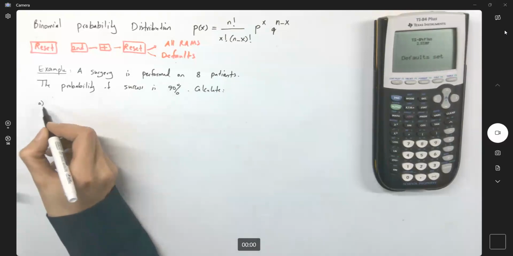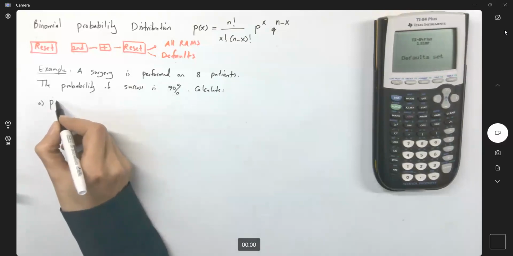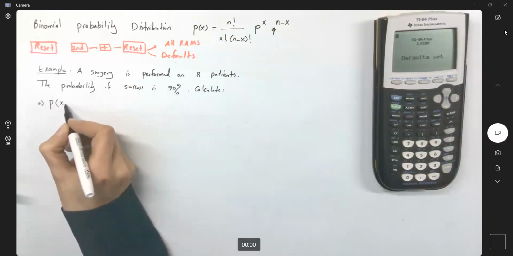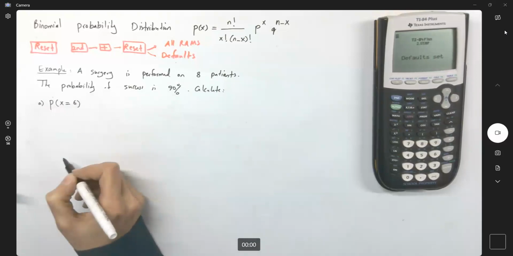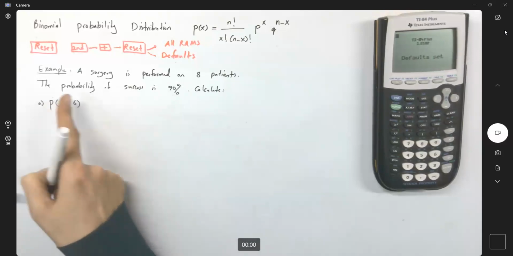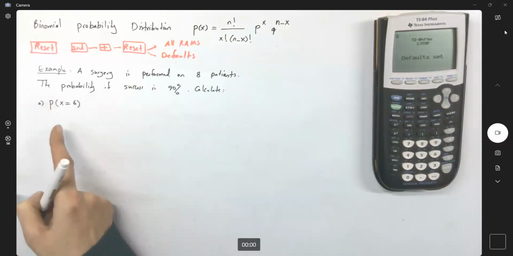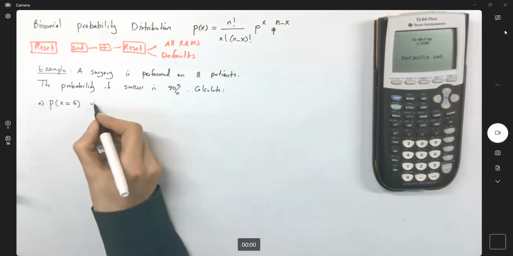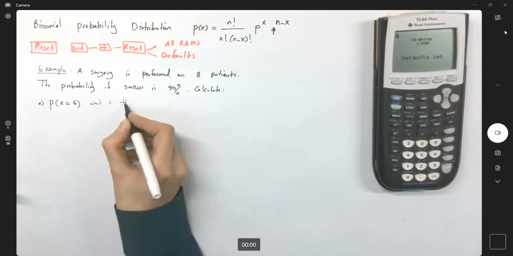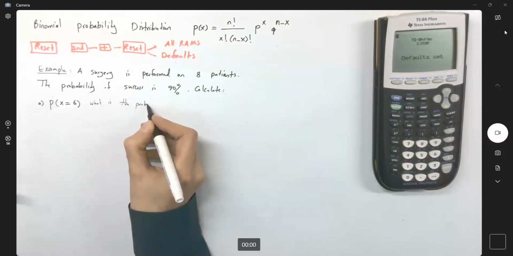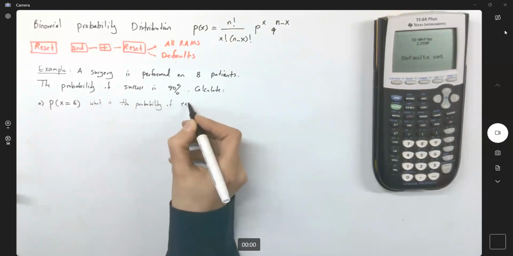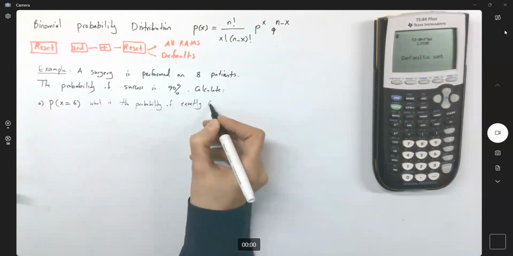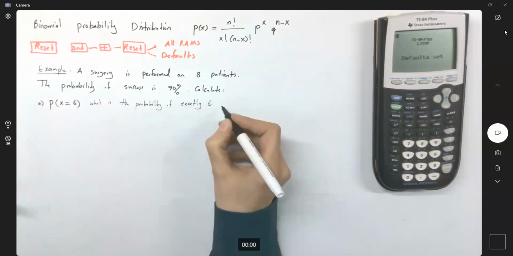Calculate A, the probability of X being exactly equal to 6. What's the meaning of that? When we see something like this, the interpretation is, what is the probability of exactly 6 successful surgeries?